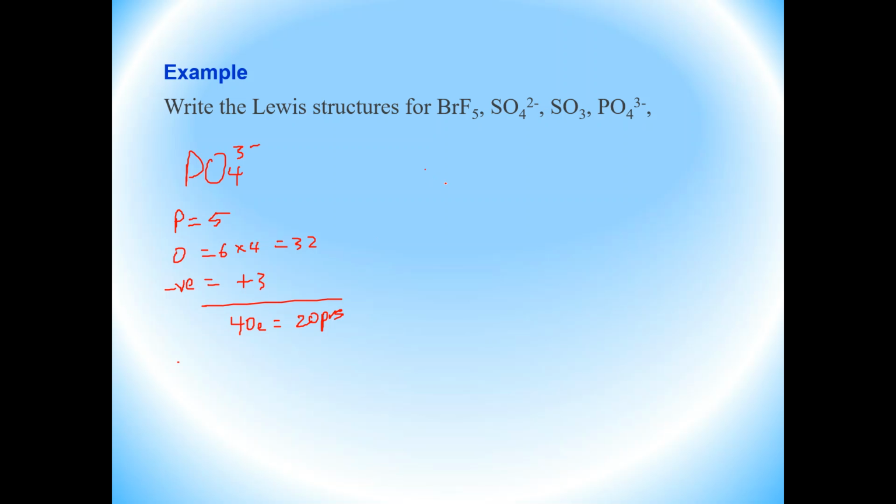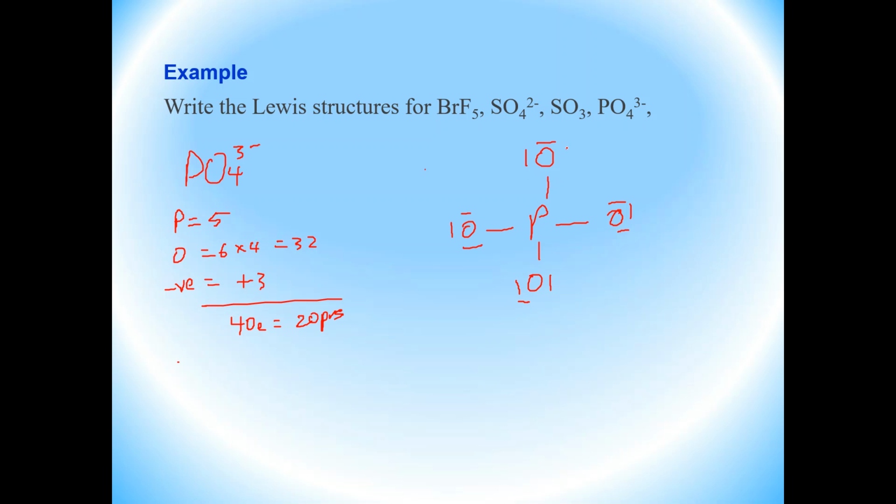So we come up here, we put the phosphorus in the middle, surrounded with the oxygens, and then we put the bonding pairs, 1, 2, 3, 4, then the non-bonding pairs, 5, 6, 7, 8, 9, 10, 11, 12, 13, 14, 15.